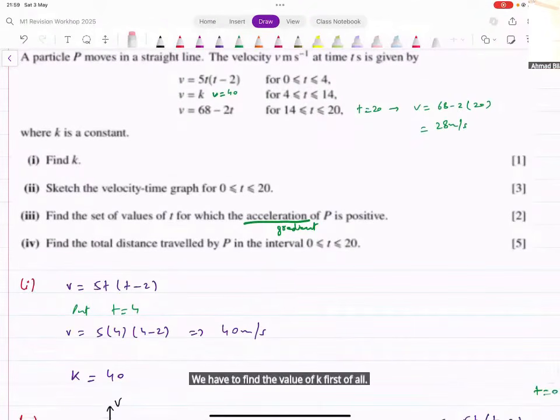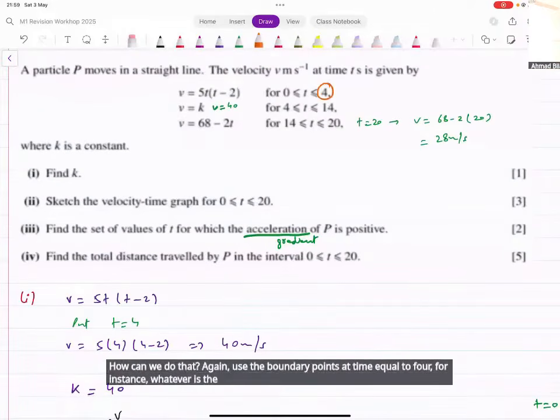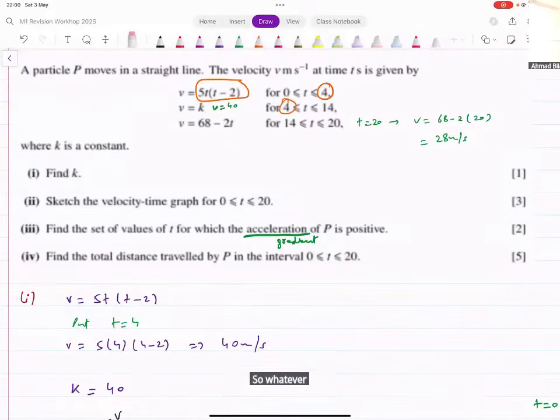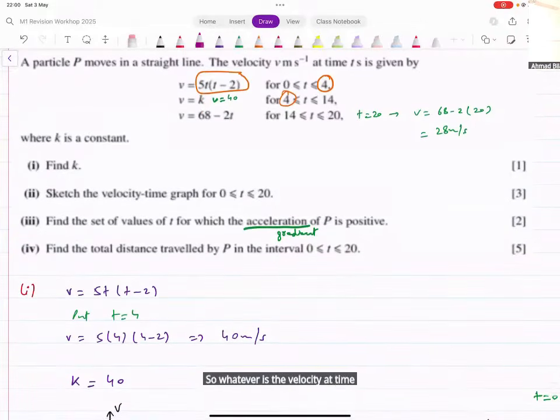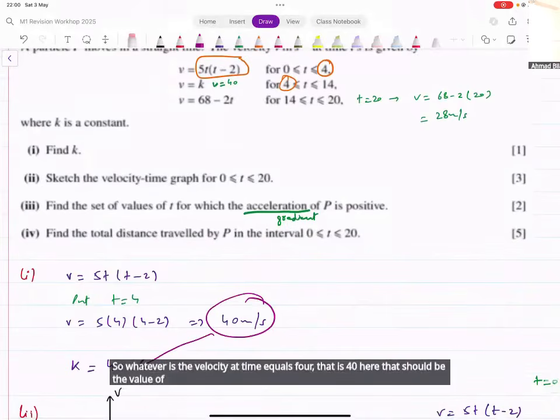How can we do that? Again, use the boundary points. At time equal to 4, for instance, whatever is the velocity value that you get from the first equation, that will be the same value that you should get at time equals 4 from the other equation. So whatever is the velocity at time equals 4, that is 40 here, that should be the value of k in the second part of the journey.